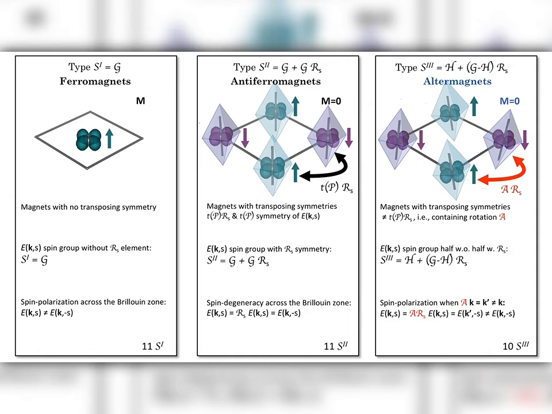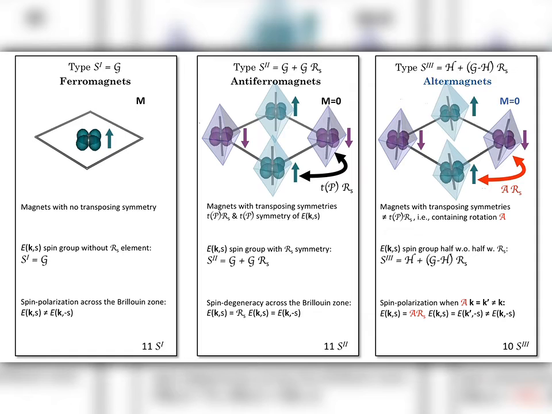And why is this equivalent to having an RS symmetry? It's because a combination of translation and spin rotation, and we've shown before that our bands are translation invariant, implies that the bands are also invariant under the spin rotation. And the same applies to inversion.